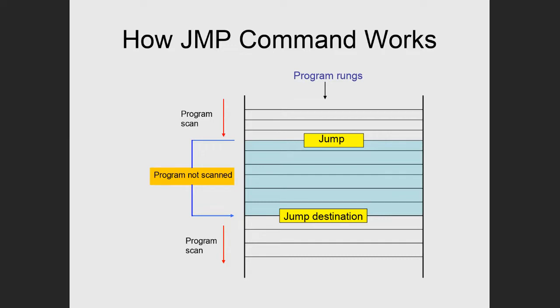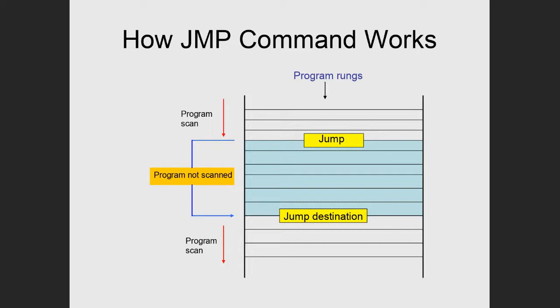And so basically, this is just a generic program here. The way your scan pattern works is your processor is going to scan your program from left to right. So you'll scan starting with the first rung from left to right, and then it'll scan the next rung from left to right.